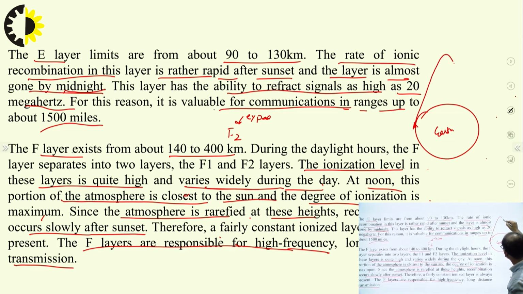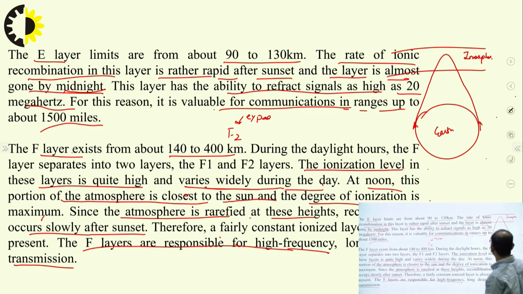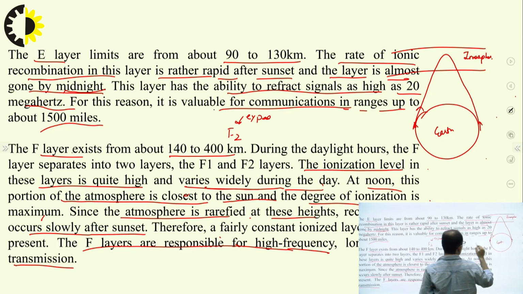This transmitter sends the signal to the receiver side through the ionosphere layer. You know that there is a bending of light. This signal is an EM wave, and this EM wave exhibits as what? Light.